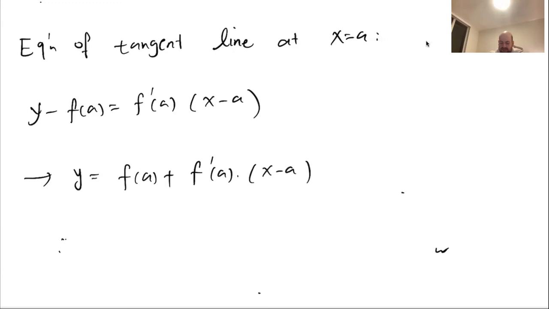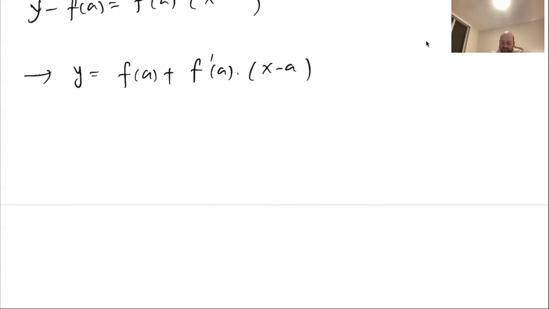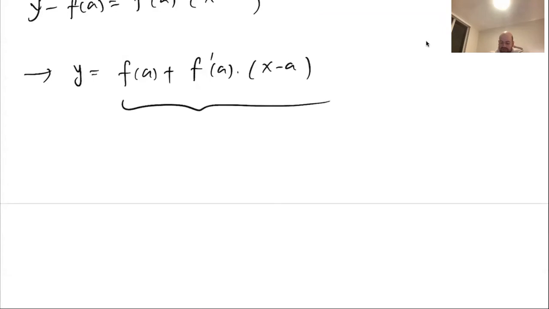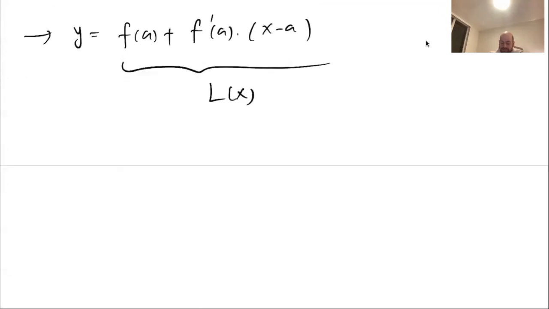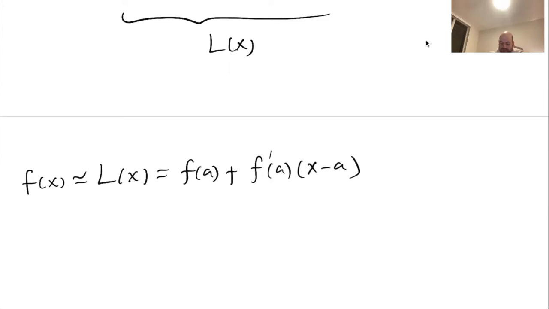This is what we called L of x in this graph. So we can say f of x is almost equal to L of x, which can be written as f of a plus f prime of a times x minus a, if x is close to a.